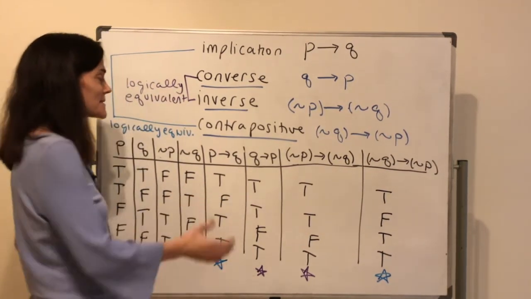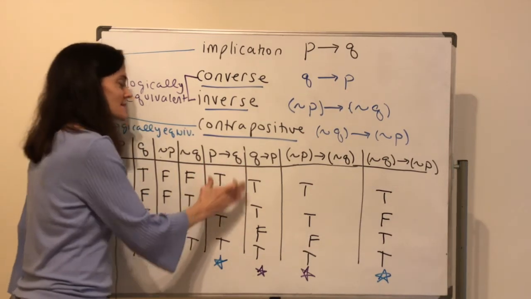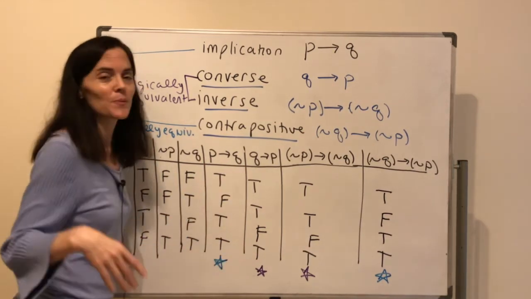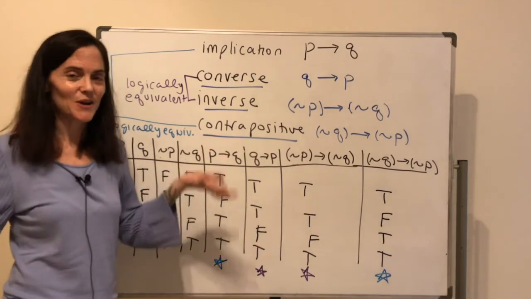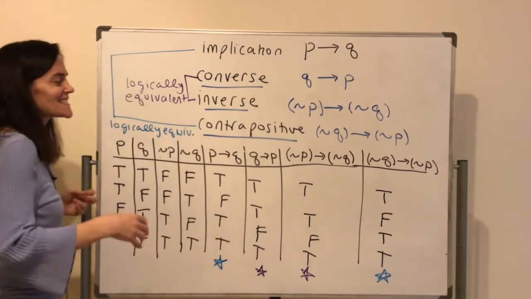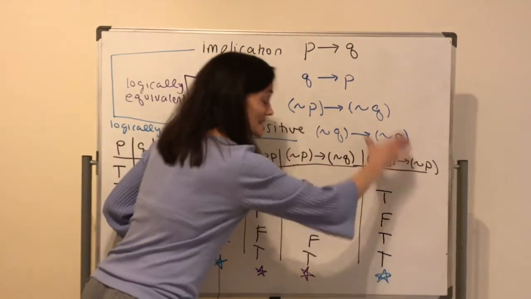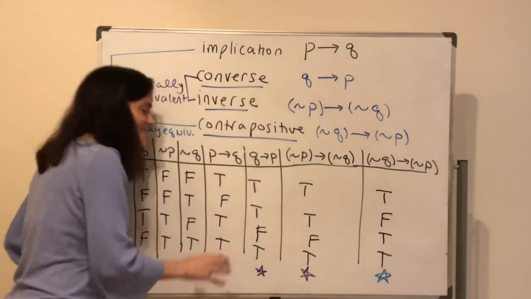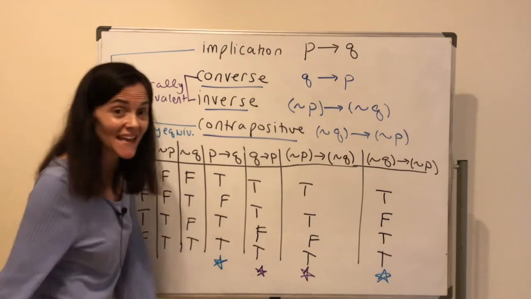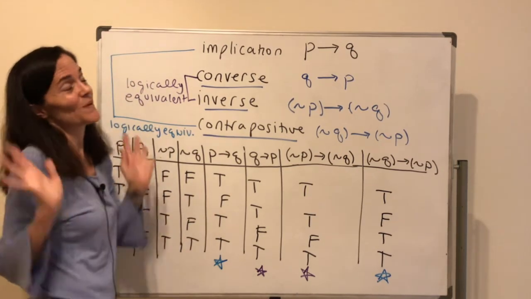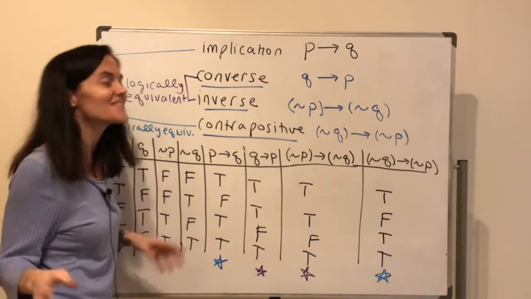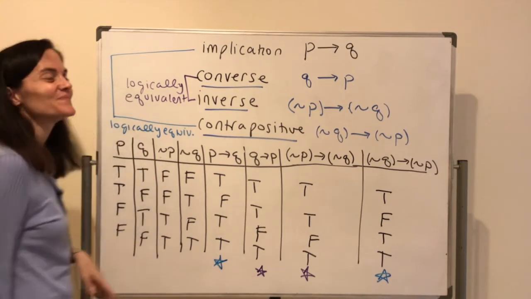But sometimes, if you want to prove this directly, it presents a challenge, and we will want to have other ways to go about it. And one way is by working here, because the contrapositive is logically equivalent to the implication. This will be one of our proof techniques. It's called proof by contrapositive, and this is coming.